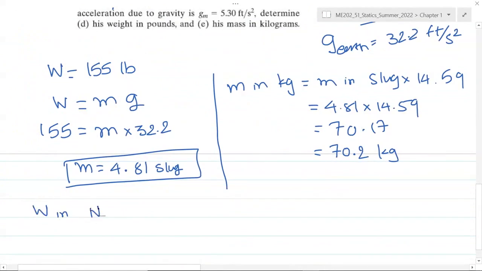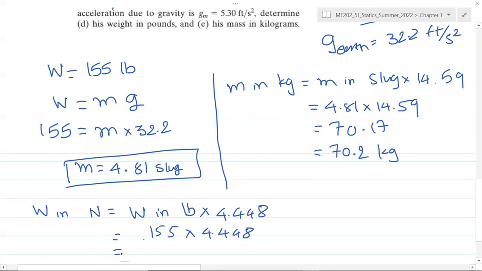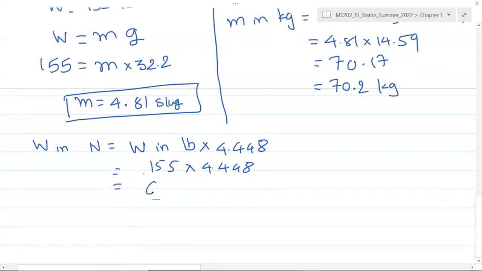W in Newton is equal to W in pound multiplied by 4.448, which is 155 multiplied by 4.448, and that is 689.44. These are 5 significant figures, and if we round it to 3 significant figures, we will round this as 689 only, because this digit is less than 5. If this was 6, we would round this number to 690. But since this is 4, we will round this to 689 Newton.